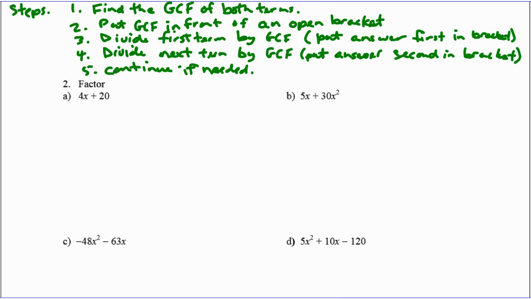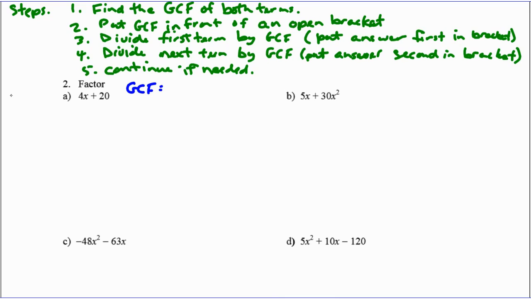So what am I trying to say here? Well, we're trying to find a GCF. Can we think of what the GCF would be for this first example? The GCF is the highest number that goes into 4 and into 20.